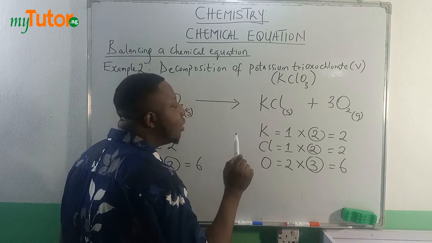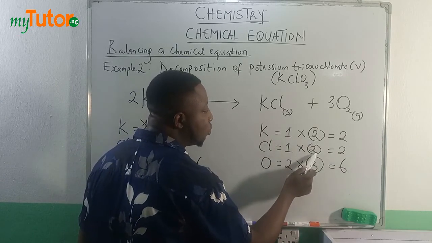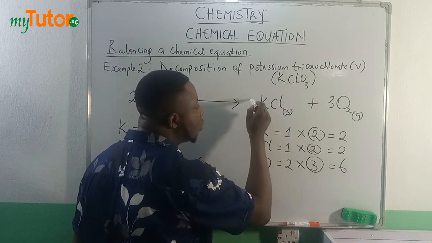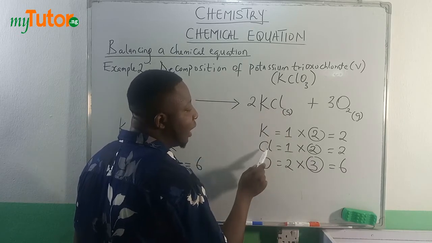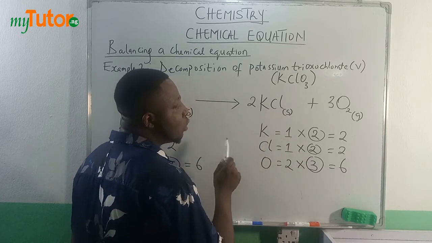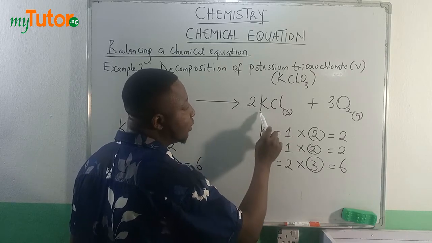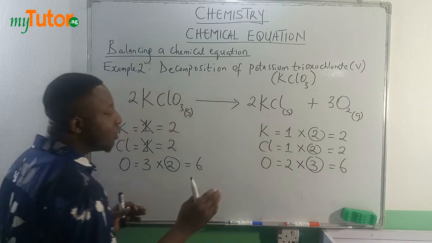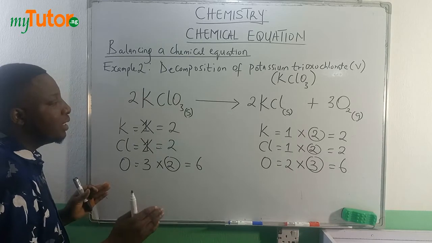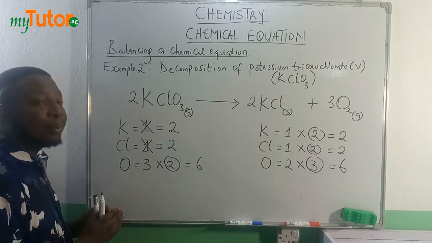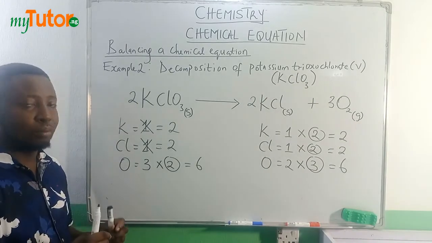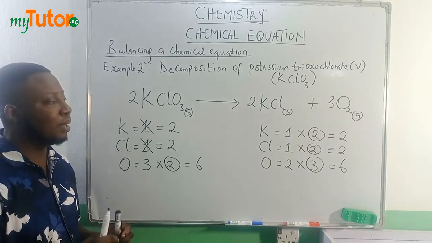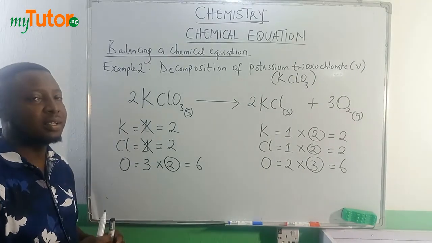Now remember, because we multiplied by 2, we're going to add the number 2 in front of the compound where our potassium and chlorine are present. So we have put 2 in front of potassium chloride. By so doing, we can now see that this equation is now balanced because we have equal numbers of each atom of an element present in this reaction.